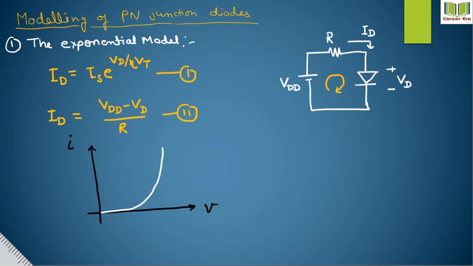Okay, and if we draw the KVL, the current obtained from the KVL is like this.